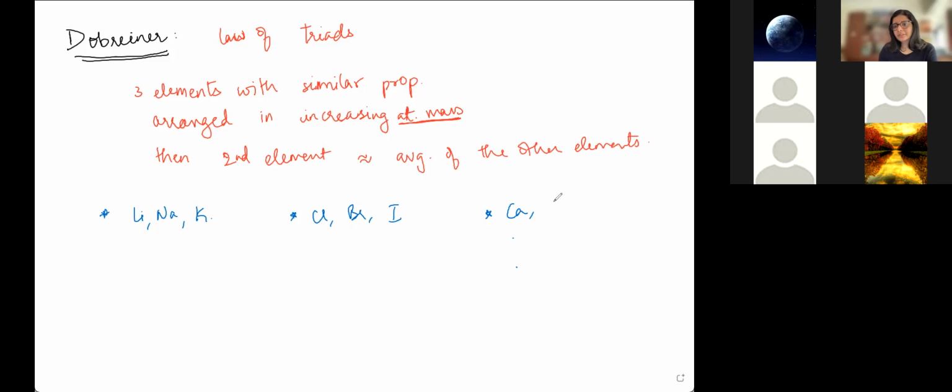So calcium, strontium, barium. So Ba is barium. So this is strontium. And Ba is barium. Okay. So barium sulfate, you guys have worked with barium before. Strontium is the new one that we haven't come across earlier.